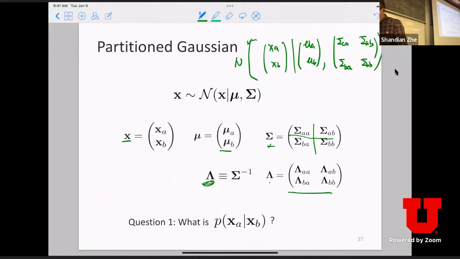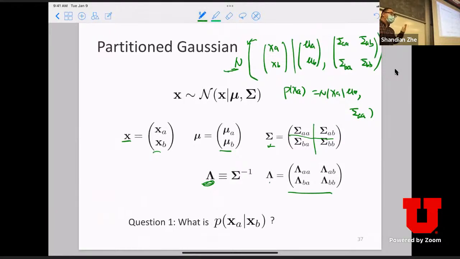I believe everyone knows that if you look at the marginal distribution of each part, like P of XA, it will simply be normal with mu A and sigma AA. But why is that? Suppose we already know XA and XB jointly follow this multivariate Gaussian distribution.